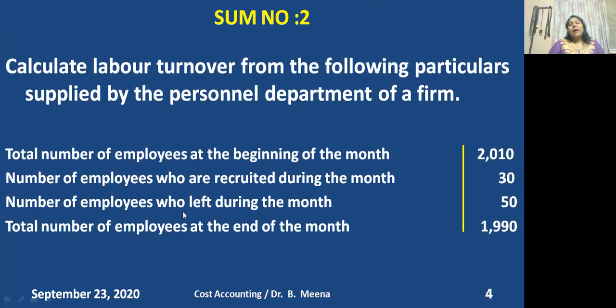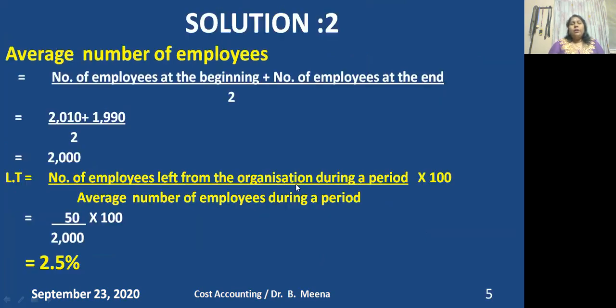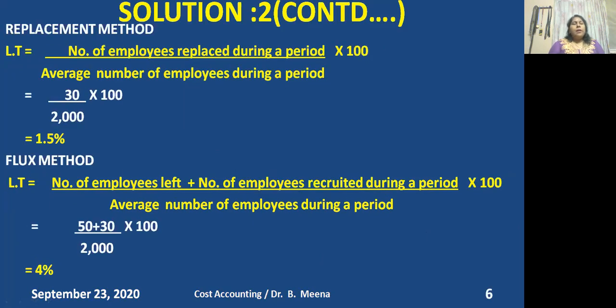So I can assume the number of employees who are recruited during the month, I can assume as a replace. So 30 divided by 2000 into 100. So I can get the percent 1.5. Since no information on the replace, I can consider the recruited data itself as a replace as per my assumption.